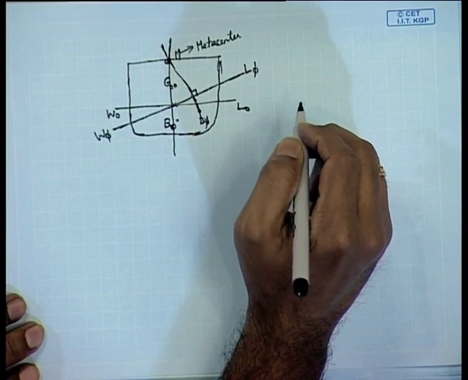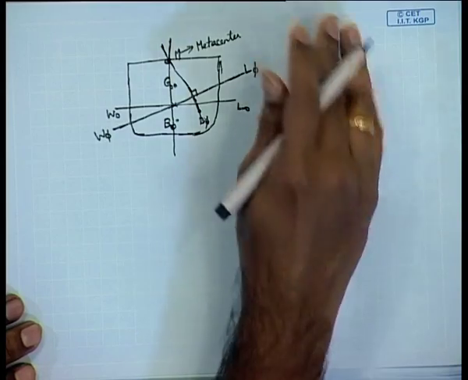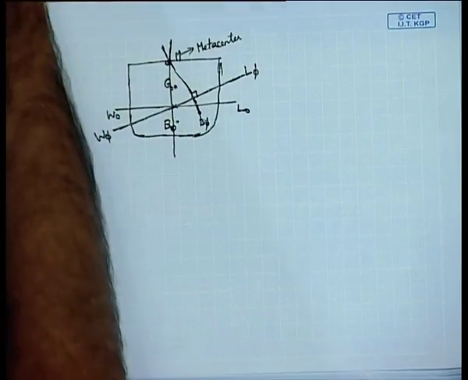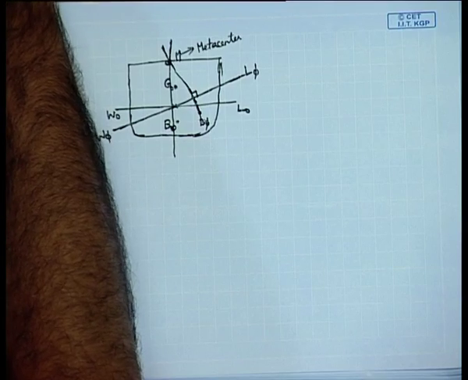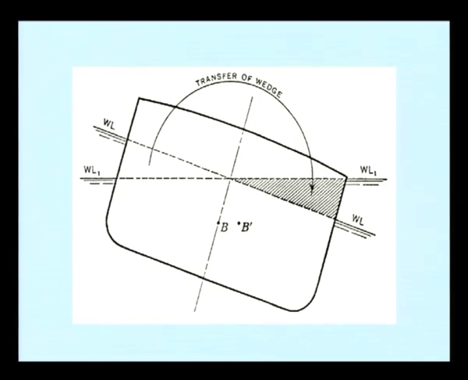Before I go into that, this is how it will look. In this case, the ship has tilted in this direction, and some part has gone in here. The initial water line is WL1, when the ship was stationary and horizontal.